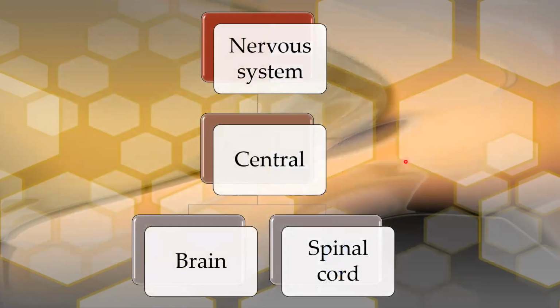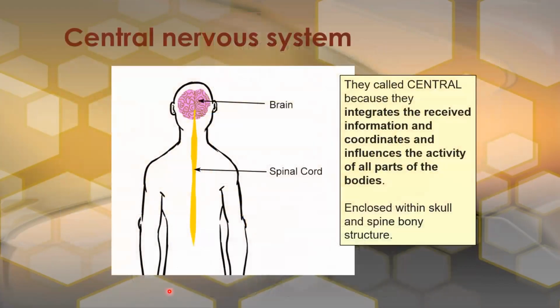And the central nervous system, the brain and spinal cord. Let me go to the central nervous system. Okay, the central nervous system is called central because it integrates and receives information and coordinates and influences the activity of all parts of the body. So the central nervous system is very well enclosed within the skull and the vertebral column.